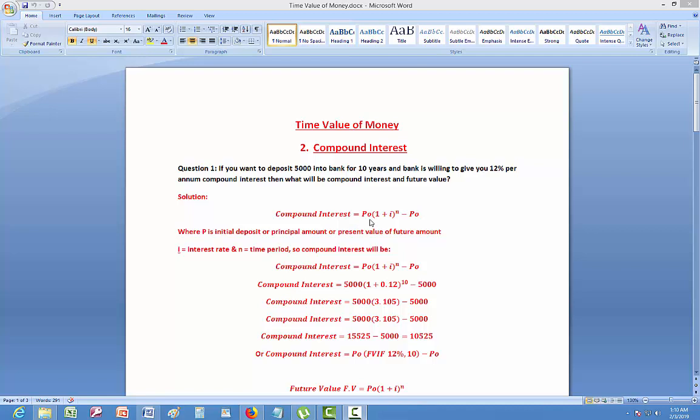For example, present value or initial deposit, interest rate, N stands for time period, FV stands for future value.